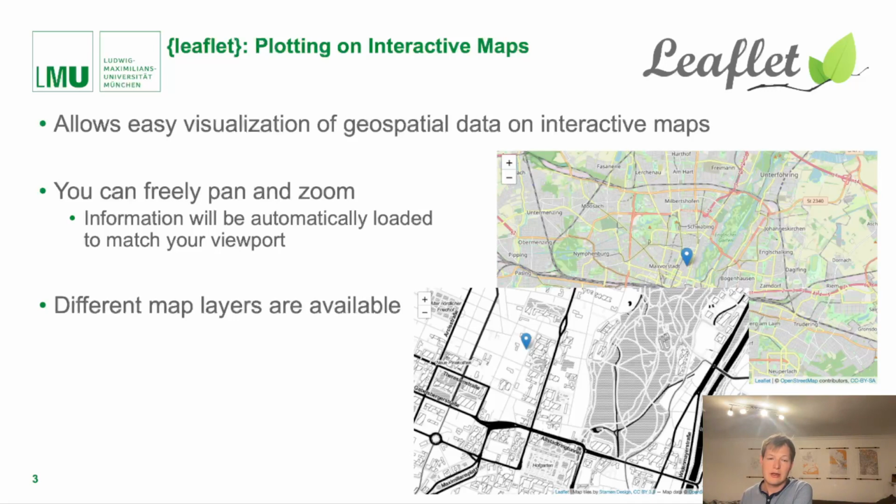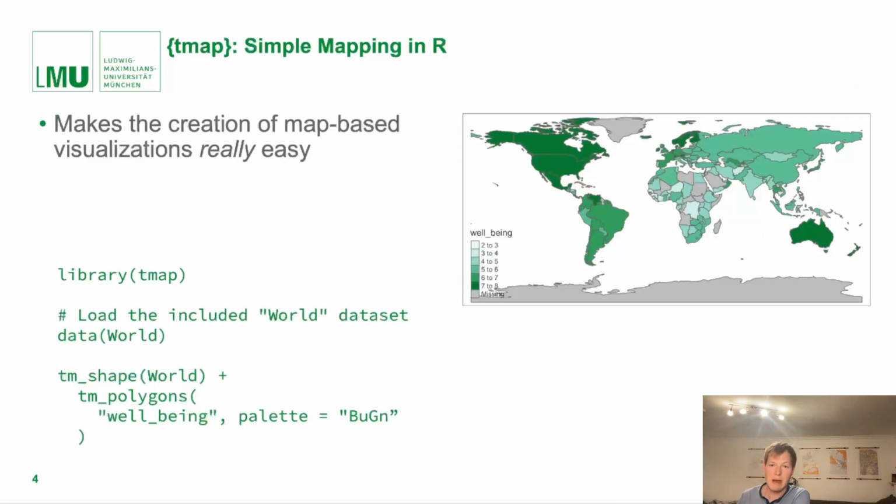Related to this, and a slightly even cooler package, I guess, which under the hood also uses Leaflet sometimes, is tmap. The idea with tmap is to allow you very simple mapping in R. It is kind of an abstraction on top of even Leaflet, to make the creation of map-based visualizations even easier. Here is some very simple example code. What we did here is that we used the world data set that is included with tmap.